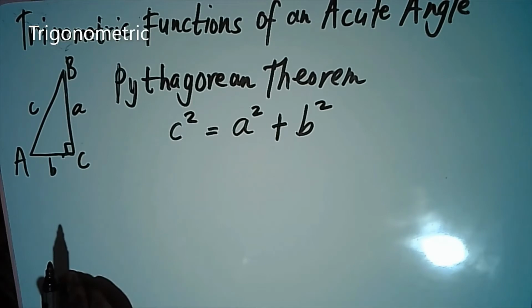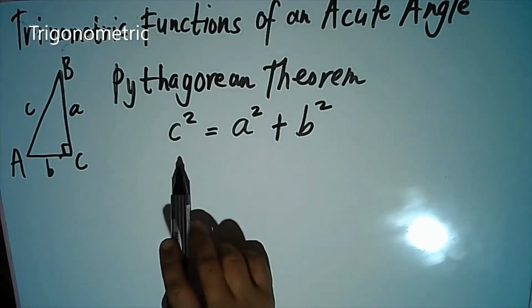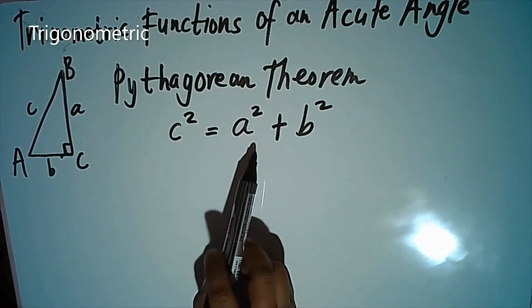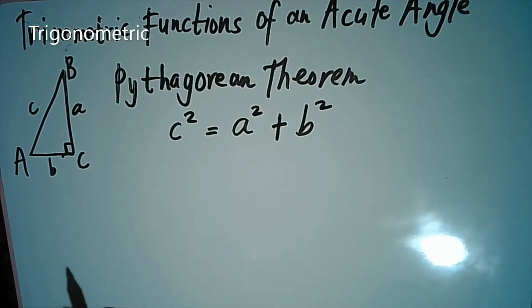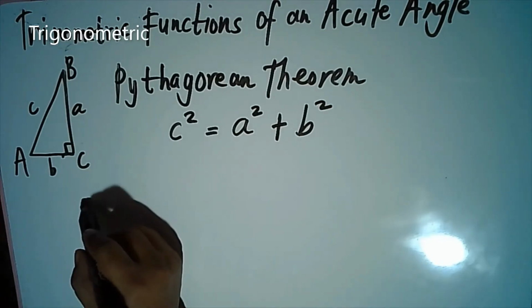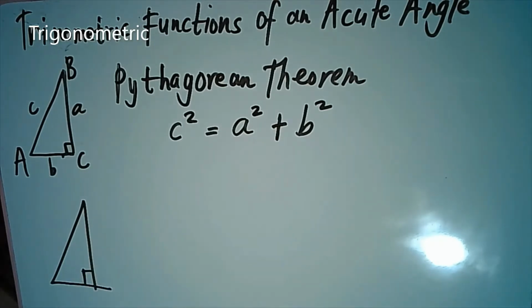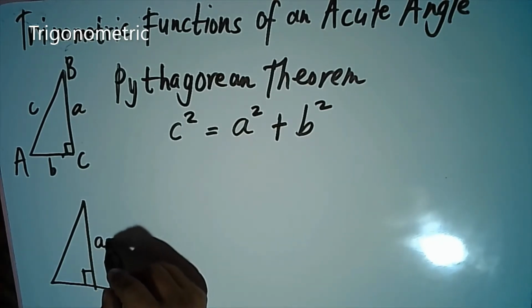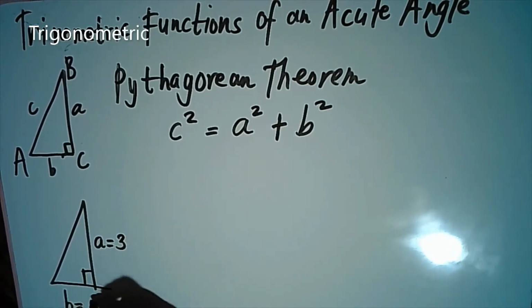So using the small letters a, b, and c as the sides of a triangle, the Pythagorean theorem in formula would be c squared is equal to a squared plus b squared. For example, we have a right triangle with side a equal to 3 and side b equal to 4.